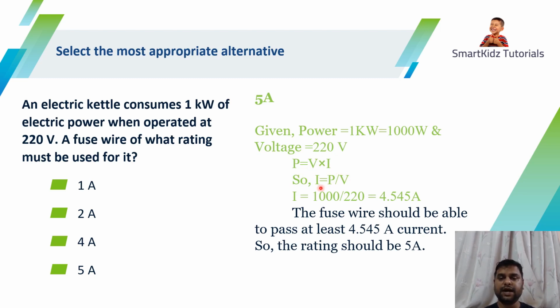So we get I equals P upon V, which is 1000 upon 220. That gives us 4.545 amps. So this is the minimum amount of current that is required. And if this is the minimum, that means we should at least have 5 A as the rating of that fuse wire. Next.